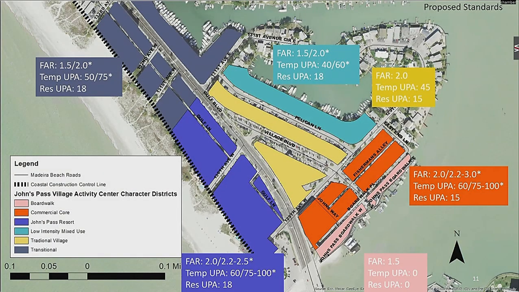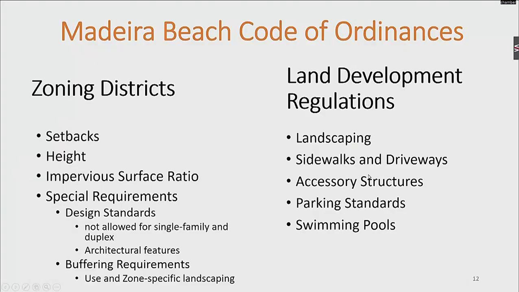So if you are thinking about these 6 new zoning districts, we're really looking at those architectural features and design details in the traditional village, this yellow area, the commercial core, this orange area, and this pink area, which is boardwalk. These are the areas that you typically think of as Johns Pass Village and the tourist commercial areas.